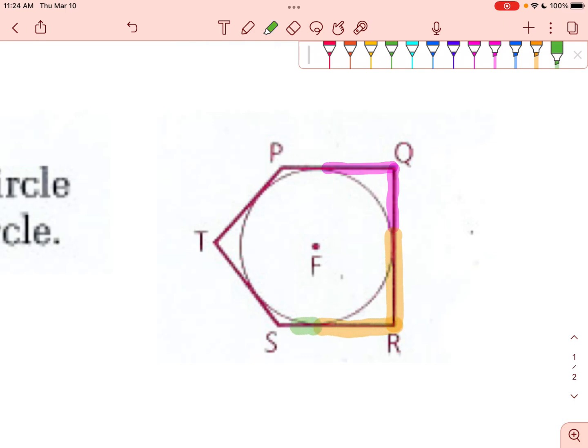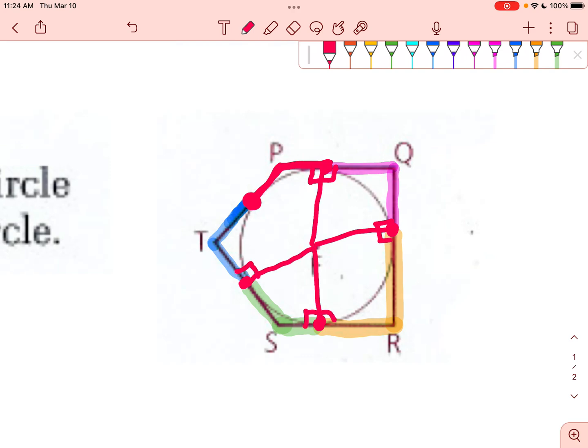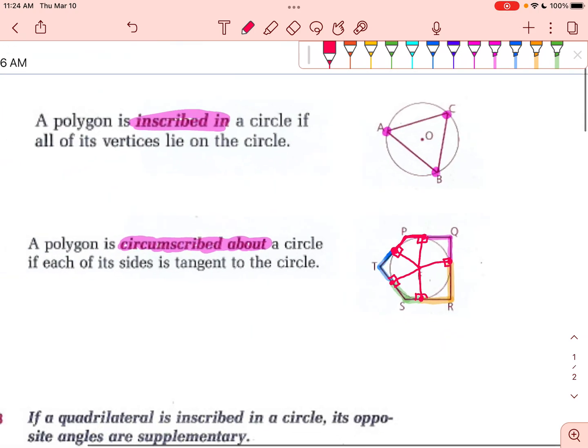So if I said this pentagon was circumscribed about the circle, keep in mind that each of these sides is tangent to the circle. That also means if you connect the radius to it, it's going to be perpendicular to those points of tangency.